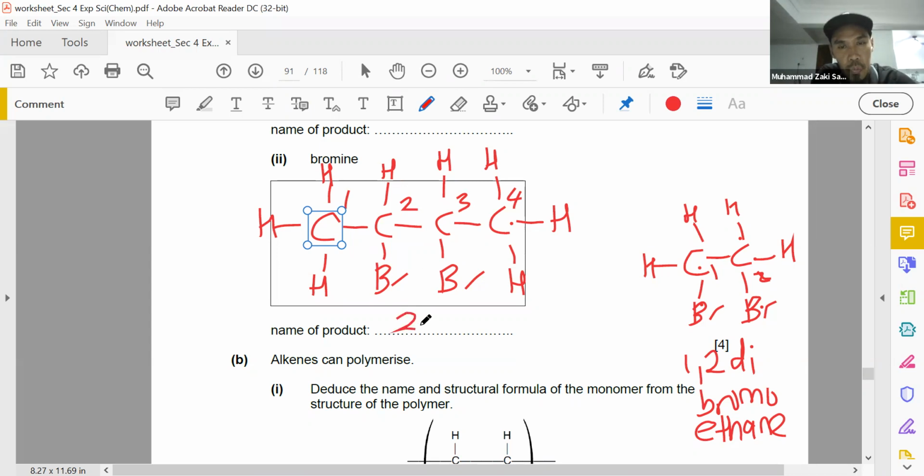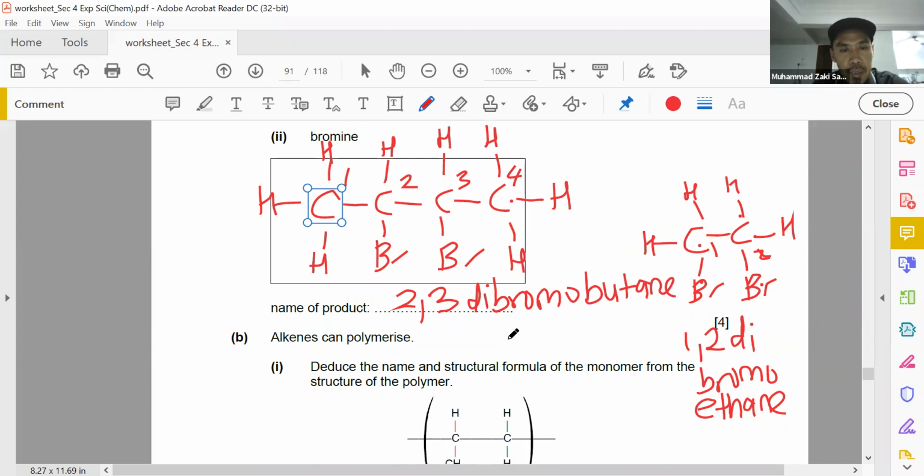So it should be 2, 3, instead of 1, 2. And is it dibromo? Yes, still dibromo, because there are two bromine. The last name follows the whole molecule, which will be butane. So, 2, 3 dibromobutane. That's it. Let's move to the next question.